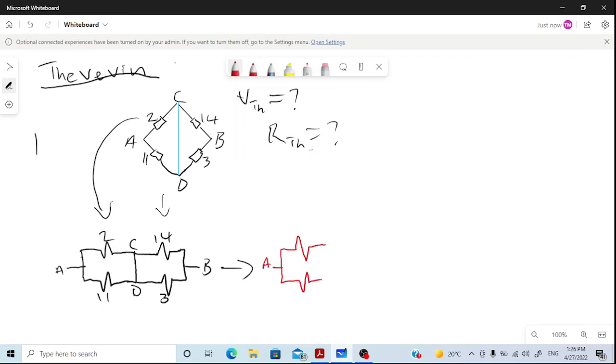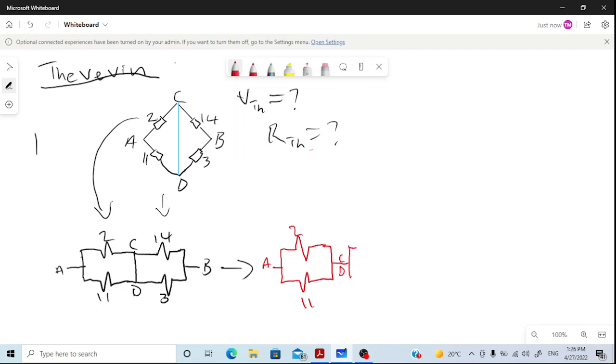This is my point A, this is my 2 ohm, this is my 11 ohm. Then it's like this. Since this thing is a line, you can just minimize it to be something like a point. So this line is line CD.